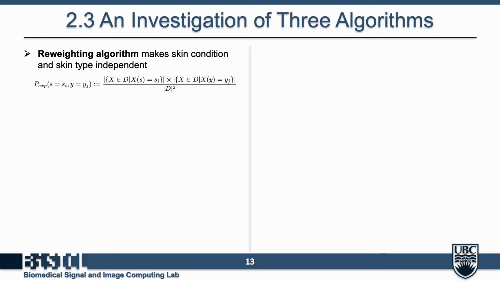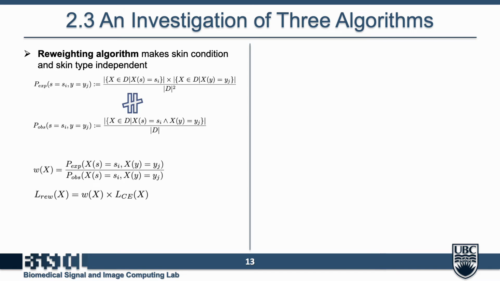The expected probability of a group is a multiplication between the probabilities of the skin condition group and the skin type group. However, we usually observed a lower probability due to the correlation between the 2 attributes. To cut off the connection between them, we assign each sample a weight that is a ratio of expected to observed probability and multiply it with the cross-entropy loss.